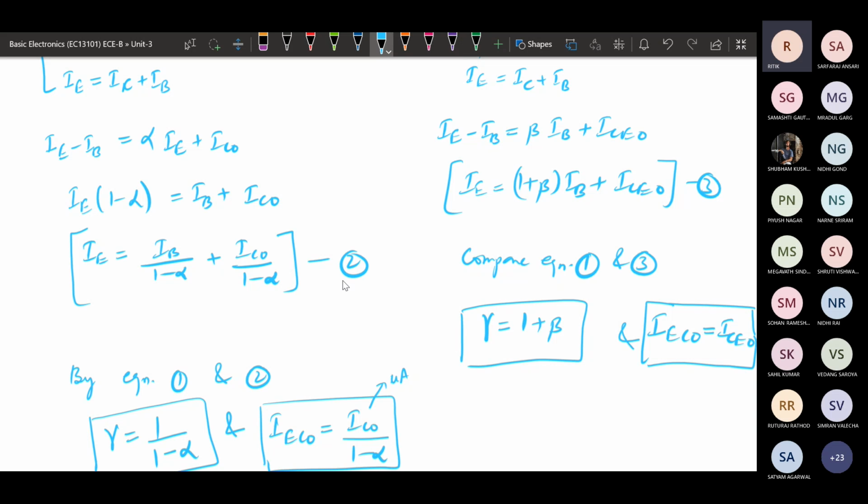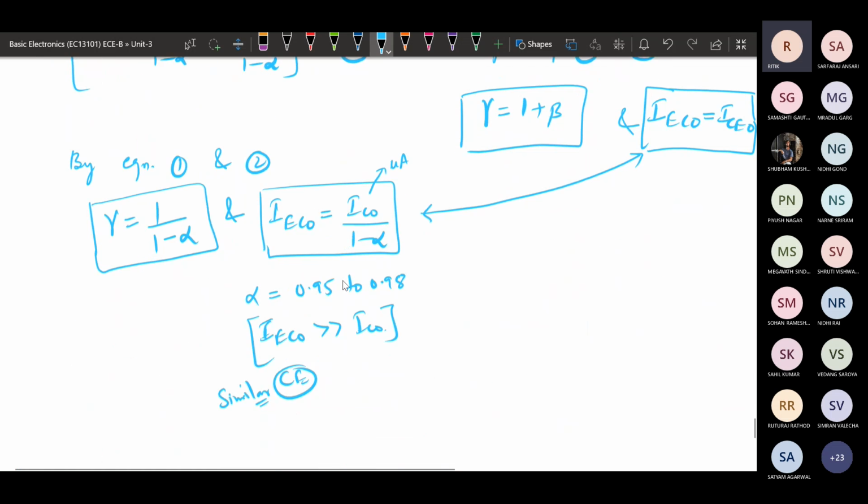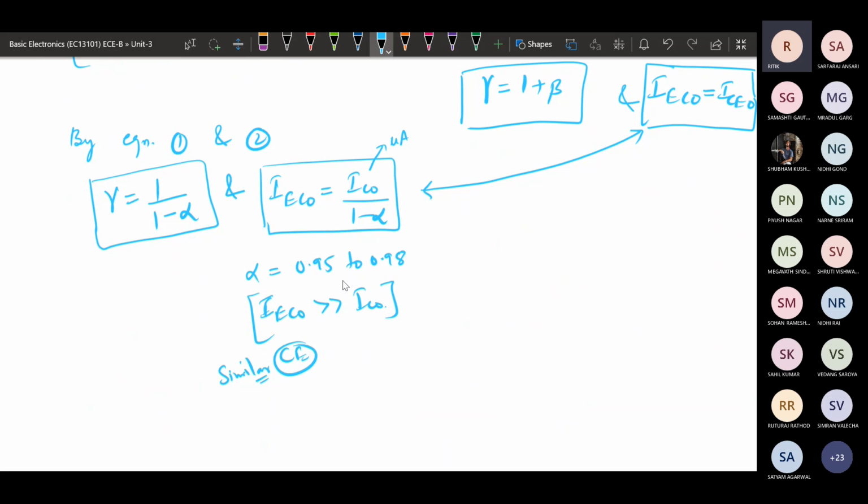This leakage current will be nothing but ICO divided by 1 minus alpha. That will be very high compared to ICO. So this is the relation: gamma is equal to 1 by 1 minus alpha is equal to 1 plus beta.